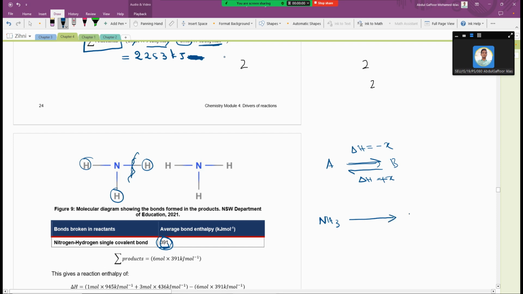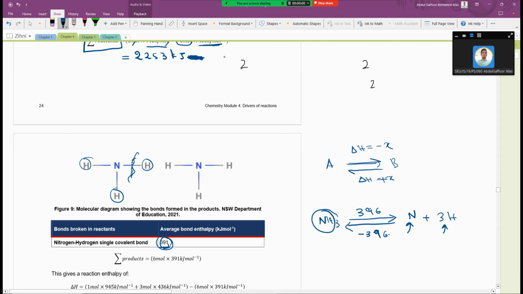If ammonia is to break into nitrogen and hydrogen, then this amount of energy should be given. But if we want to form NH3 from nitrogen atoms and 3 hydrogen atoms, then this is the backward reaction, and it will release energy, so it is minus that value, right?